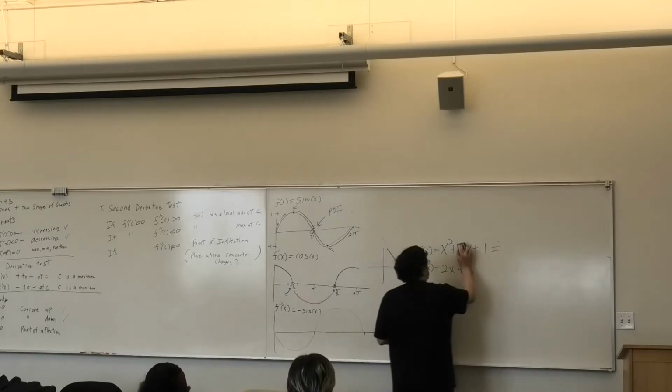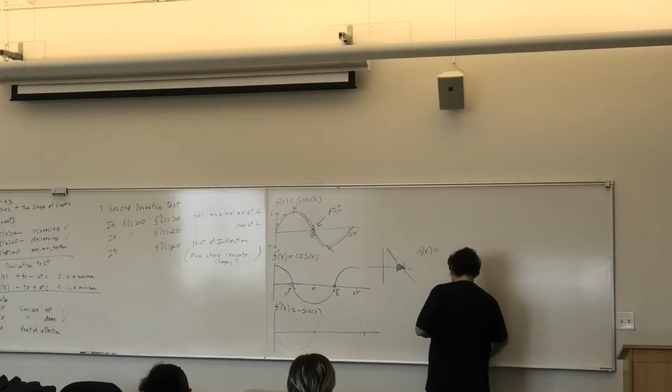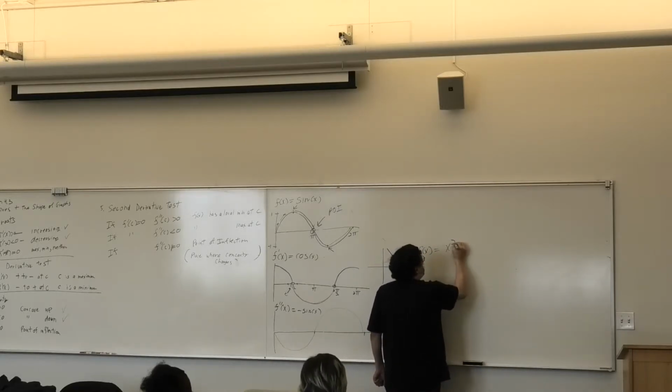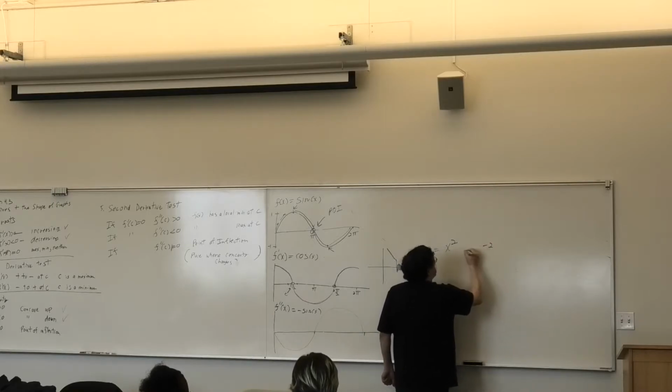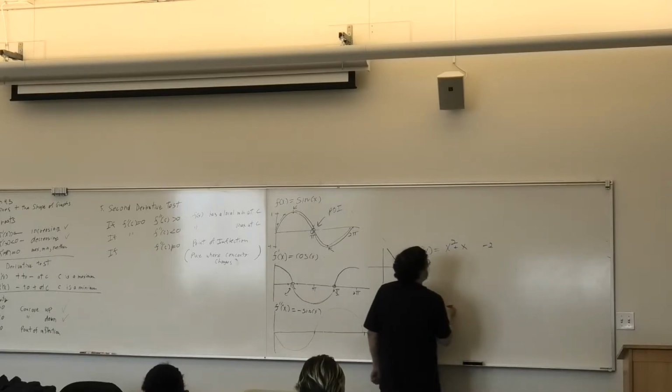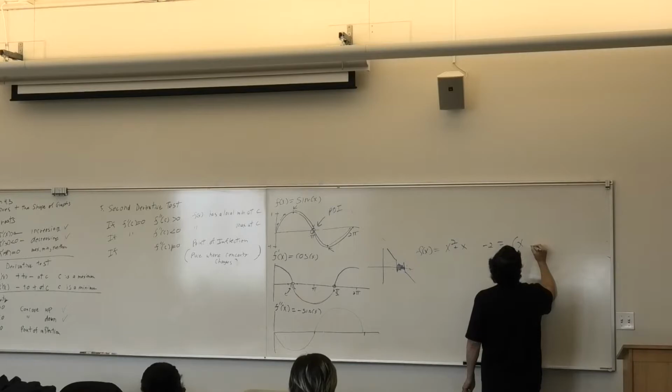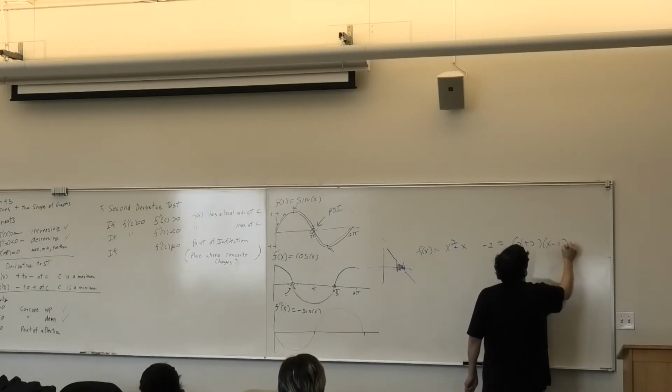I'm going to fix your example, all right? Okay. So we'll say x squared minus 2 plus x. So hopefully that's x plus 2 times x minus 1.